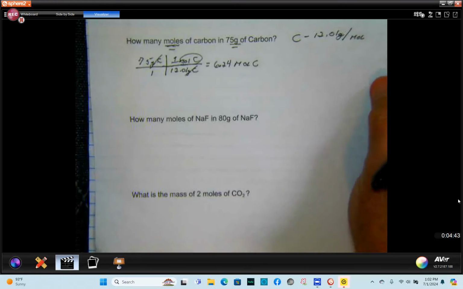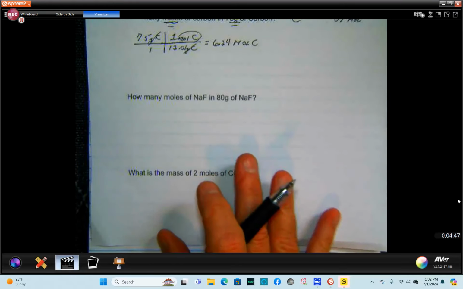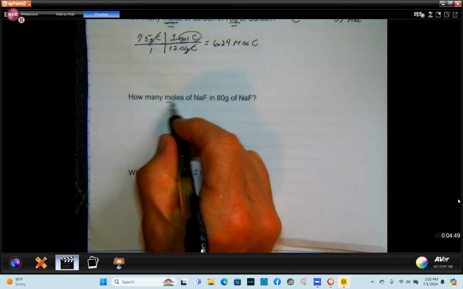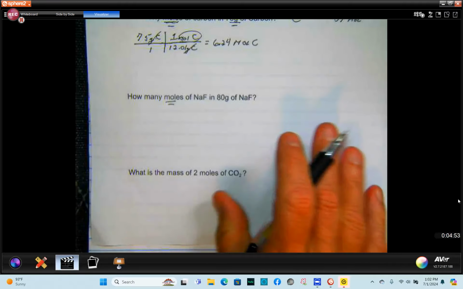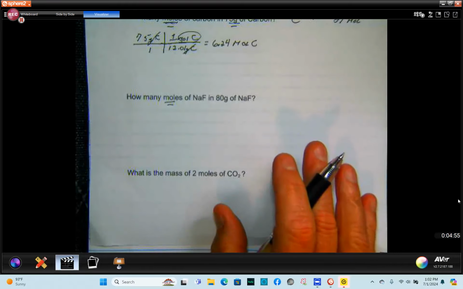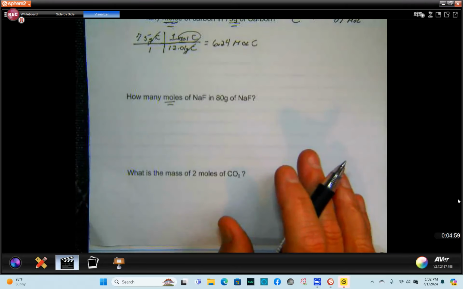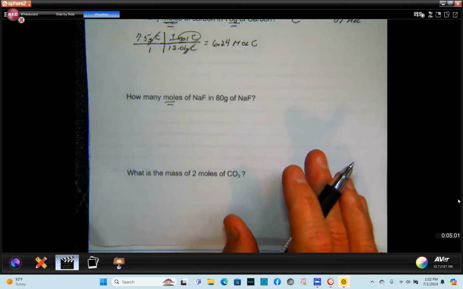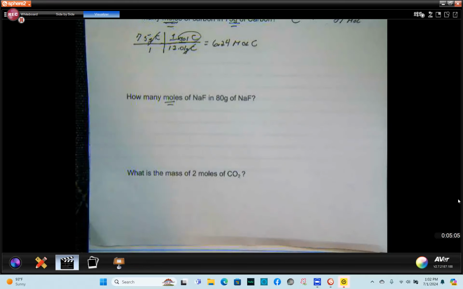Let's do a couple more here, and we'll use a couple formulas on this. So we want to know how many moles of sodium fluoride in 80 grams of sodium fluoride. Well, from your periodic table, you can go ahead and calculate the mass of sodium fluoride.